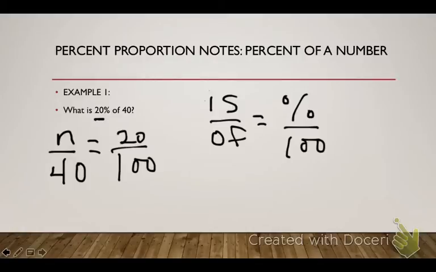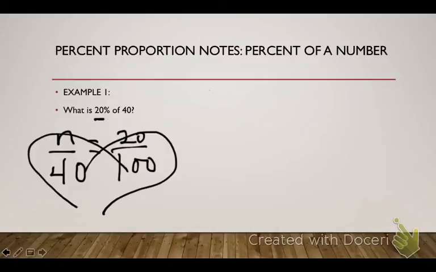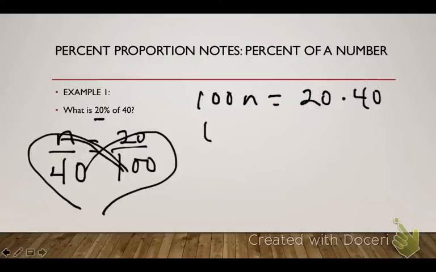Okay, now I know that I write big, so sometimes I just have to erase what I have here, but you should have this on your notes so you don't forget. Alright, so again, we're going to use this method that we used before. We're going to come this direction, and this direction. So we got 100n equals 20 times 40, or 100n equals 800.